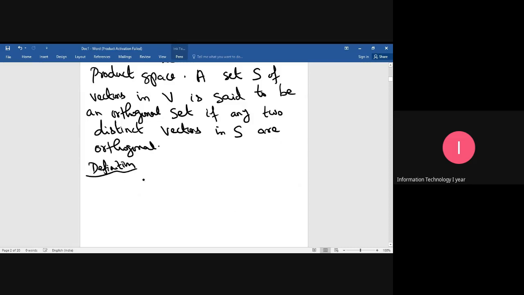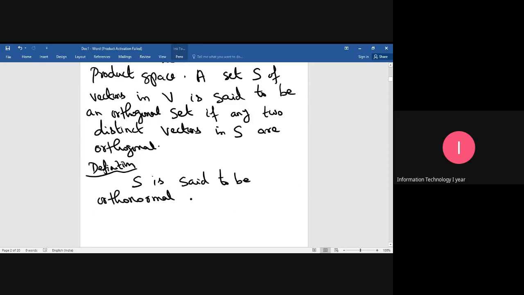So capital S is said to be an orthonormal set. The previous one is orthogonal.